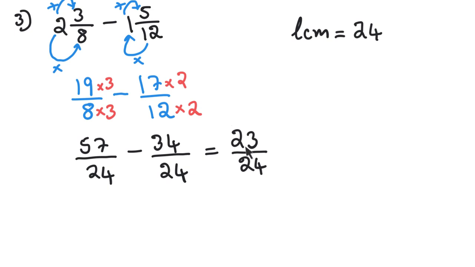The numerator is less than the denominator. Such a fraction is called a proper fraction. Good. So 3 over 8 minus 5 over 12 is 23 over 24.